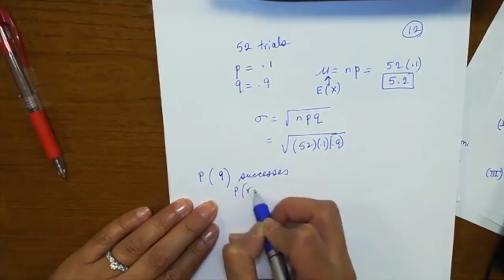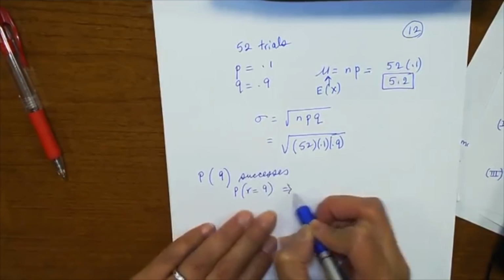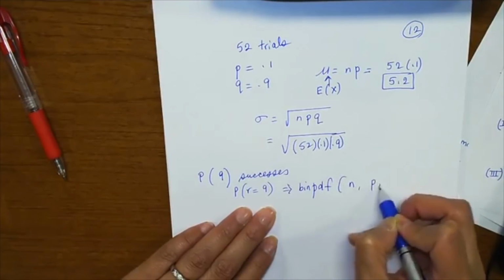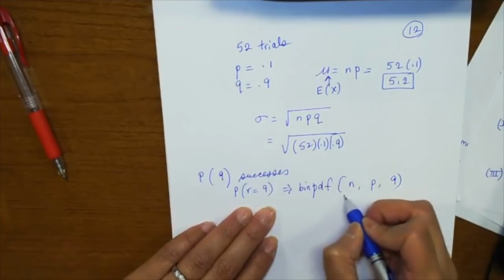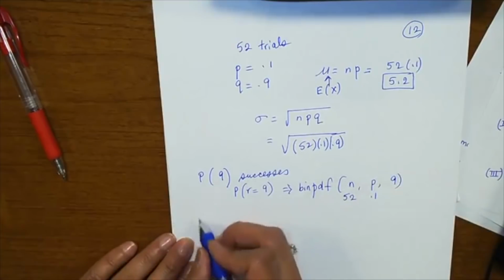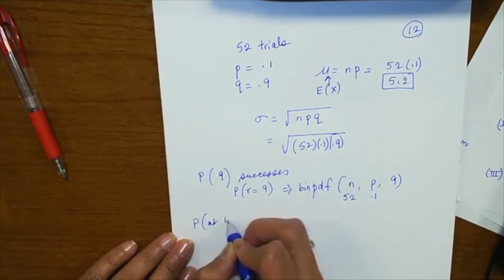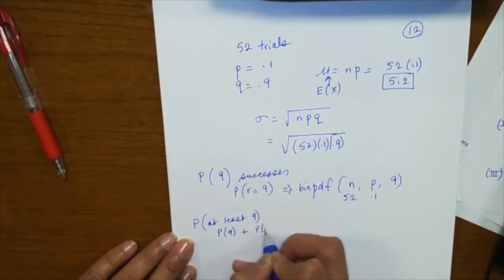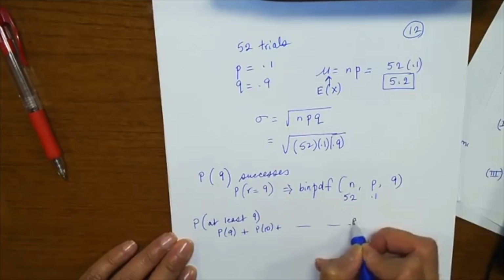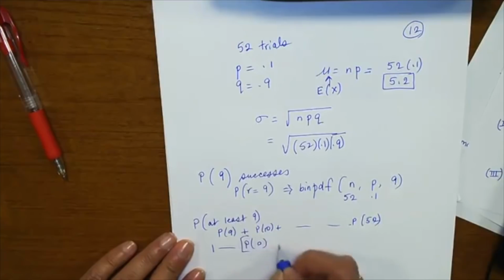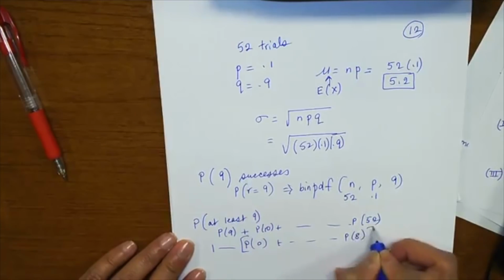Find the probability of 9 successes. So that's probability R equals 9. So that's binomial PDF N P 9, where N is 52, P is 0.1. Next question, find the probability at least 9. That's probability 9 or 10 or all the way to 52. That's 1 minus probability of 0 all the way to 8.